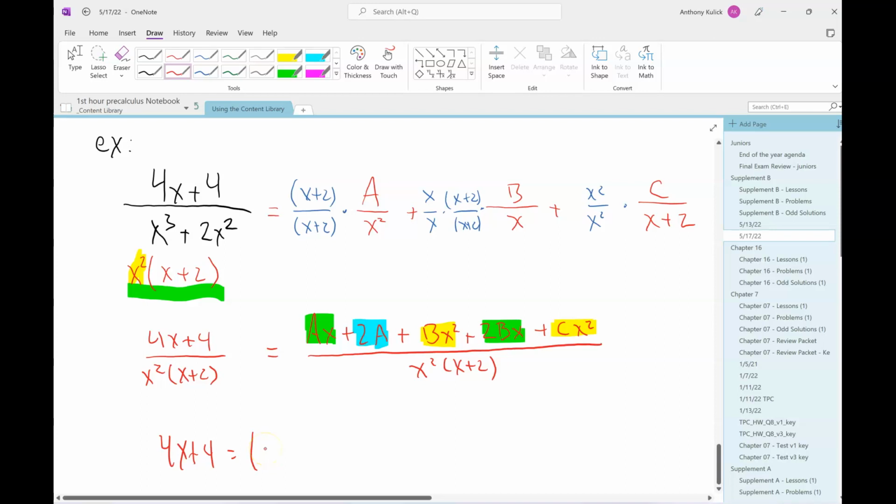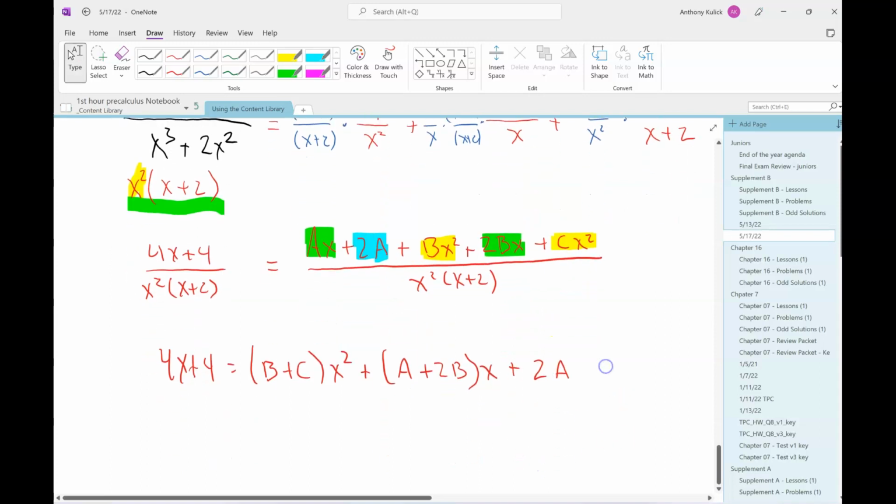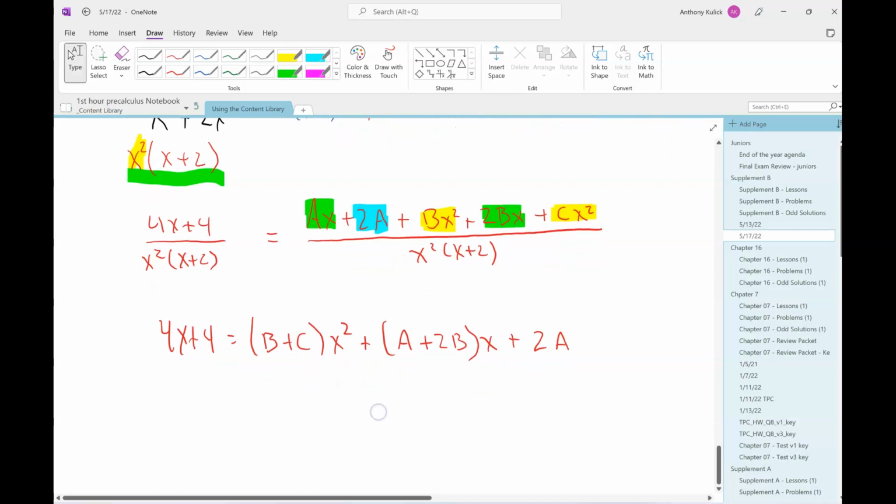And then I have b plus c x squared, and then I'll have a plus 2b times x plus 2a. Everybody good with how I did that?